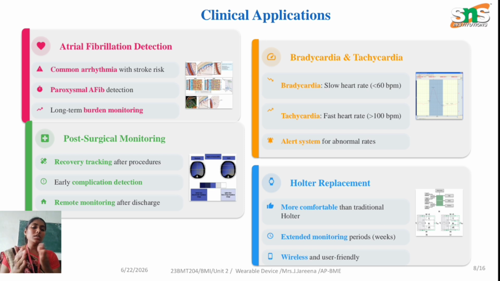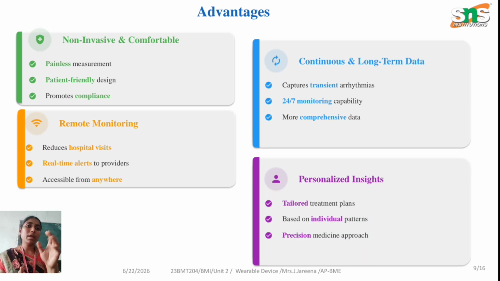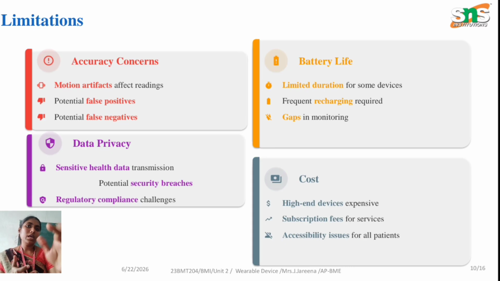But we also have to think about the limitations of this particular wearable cardiac monitor. That is the main thing. Accuracy concerns are very important, because of motion artifacts: after wearing this the patient is not idle, they are carrying on their daily activities, so the accuracy will get disturbed. And battery life: they are going to be on 24/7, so we have to work on the battery also.